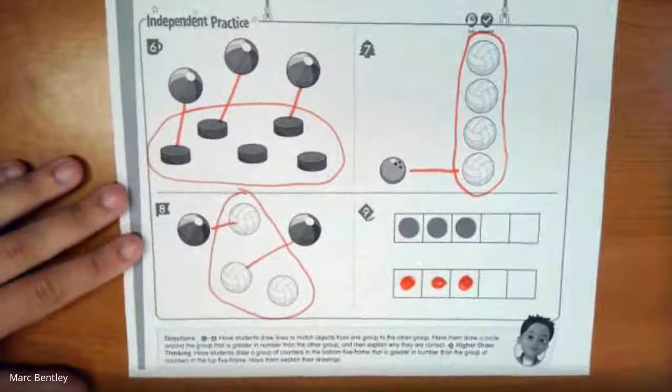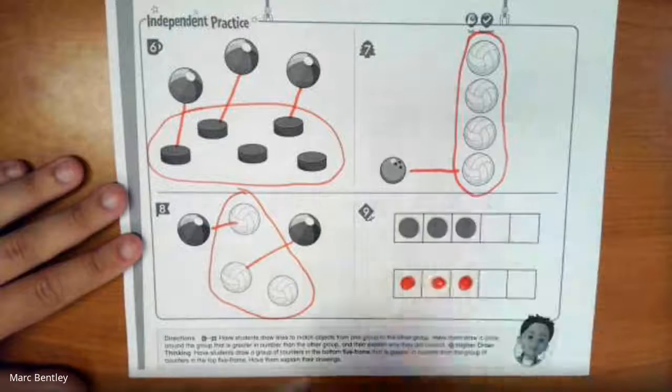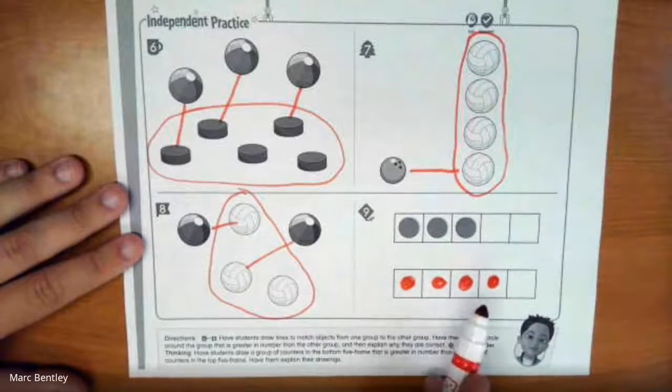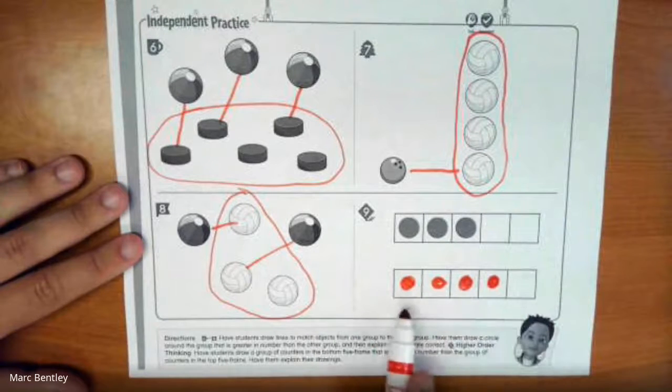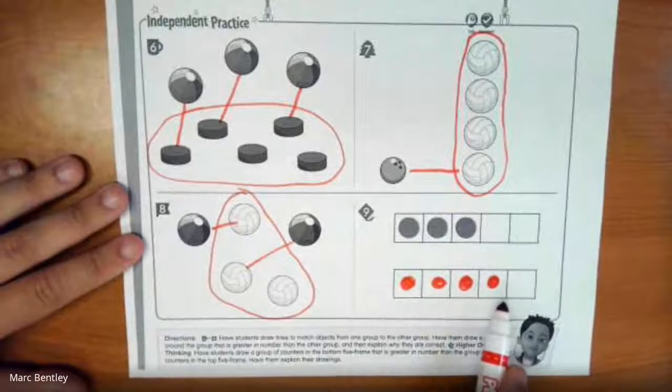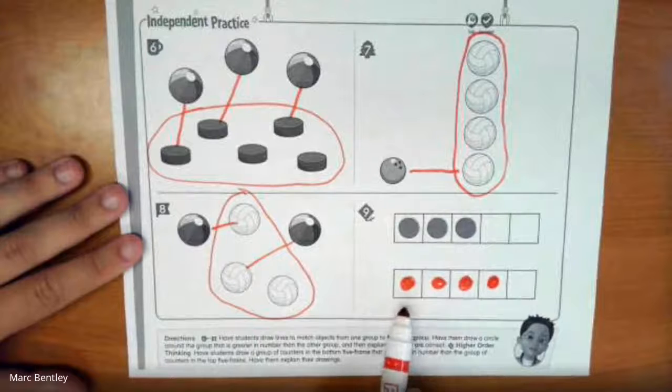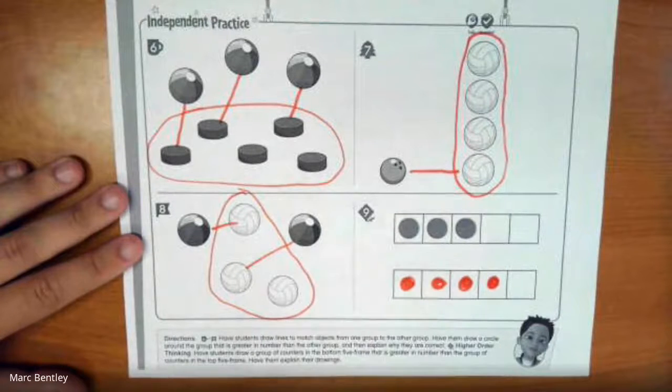So now they look the same, but I need to create a number that is greater than 3. So if I do 1 more counter, it becomes 4. And there are more counters in this 5 frame than there are in this one. Therefore, this number is greater than this number here.